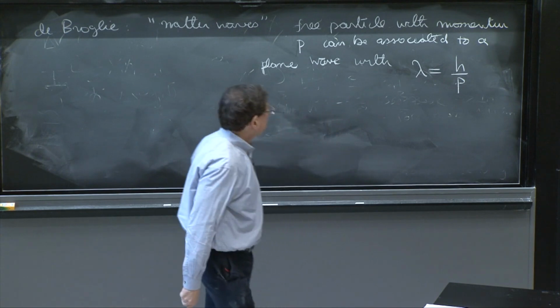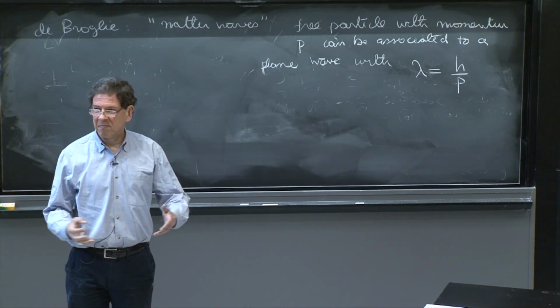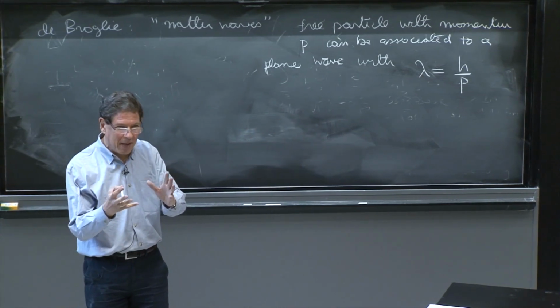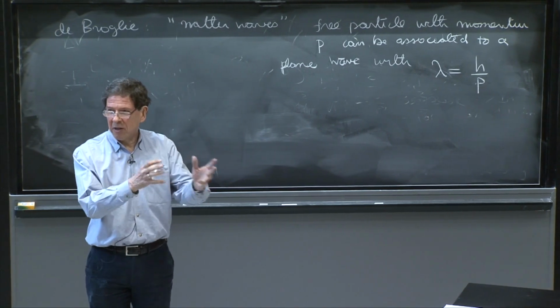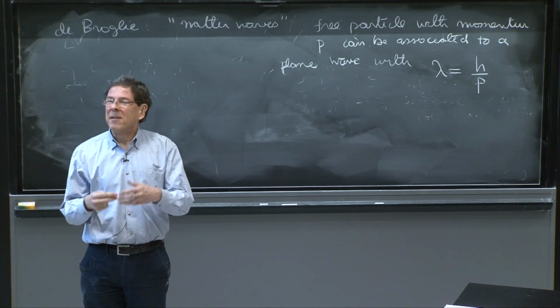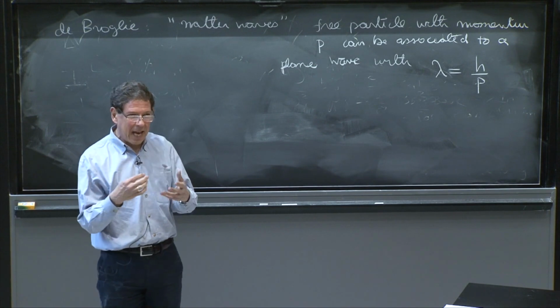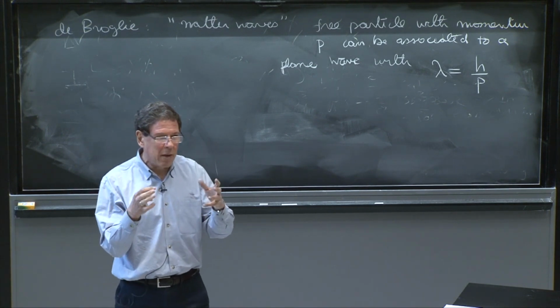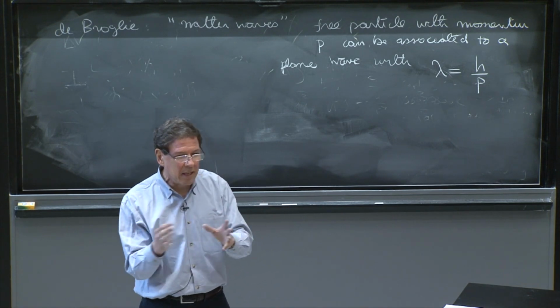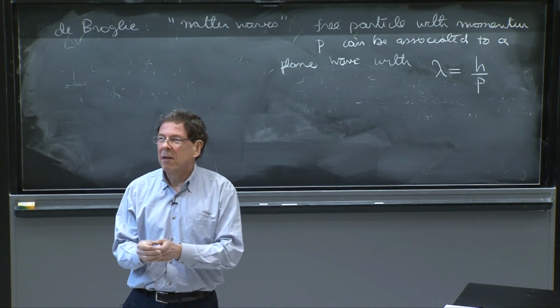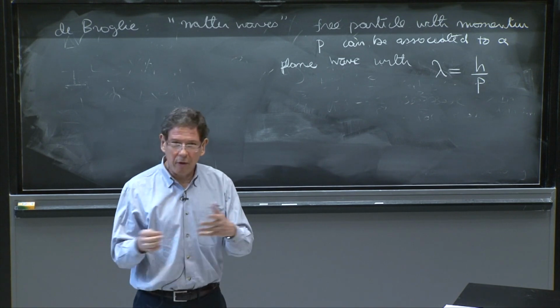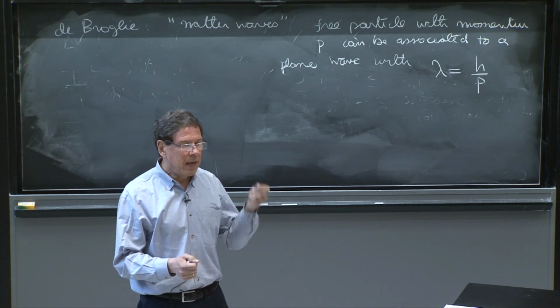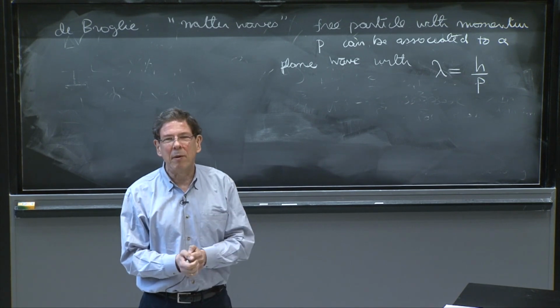So this wave is what eventually becomes a famous wave function. So de Broglie was writing the example, or trying to write the example of what eventually would become wave functions, and the equations for this wave would become the Schrödinger equation. So really, this is a pillar of quantum mechanics.